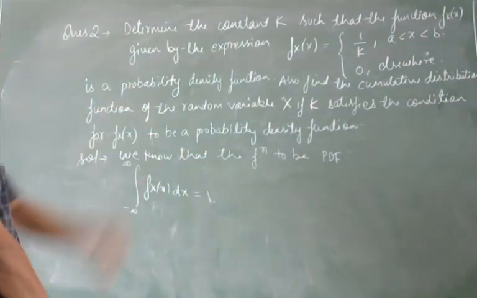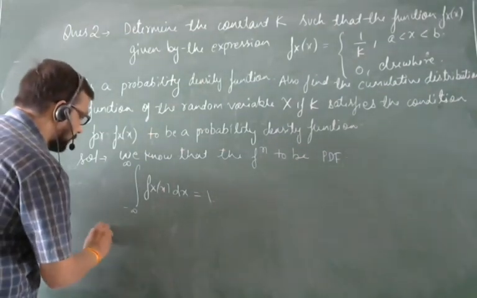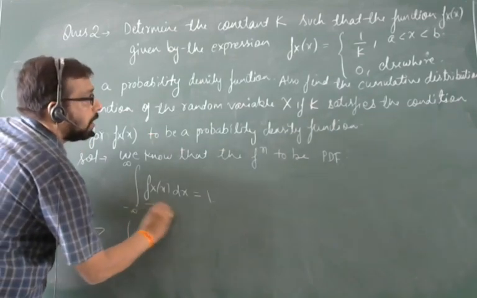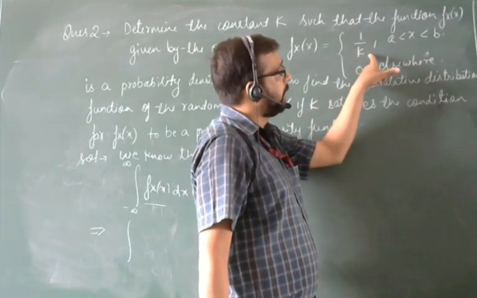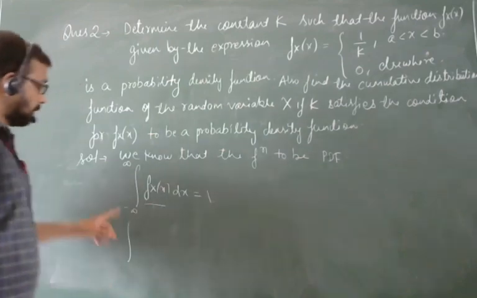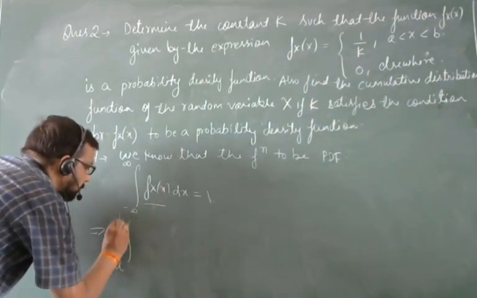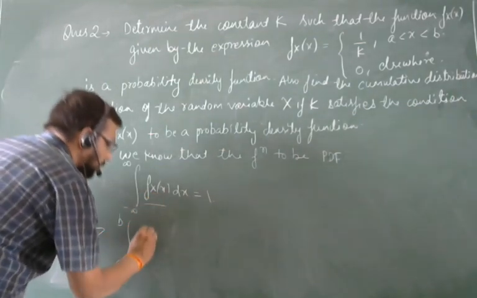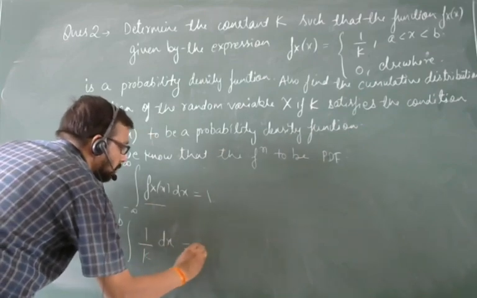Now simply place the value of the function in this limit. This 1 upon k is defined only in the interval between a to b. Now the limit minus infinity to infinity changes to a to b, with f(x) equal to 1 upon k, and this dx is equal to 1.